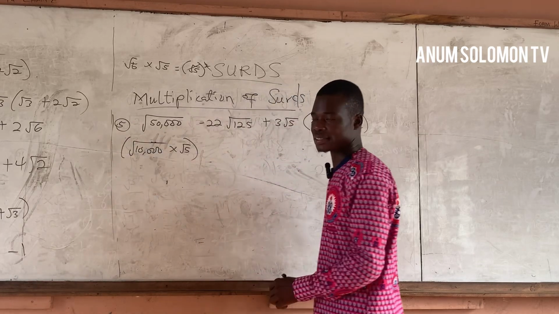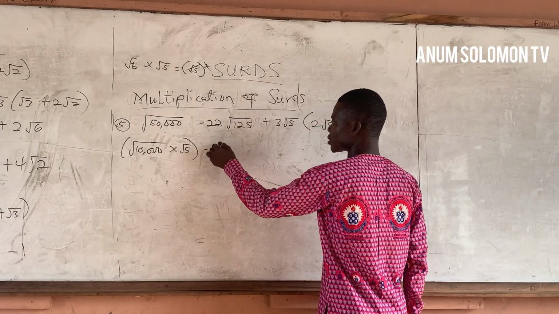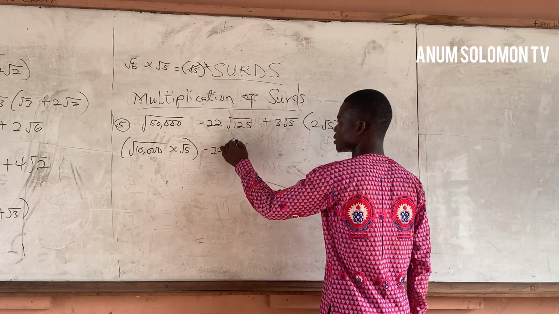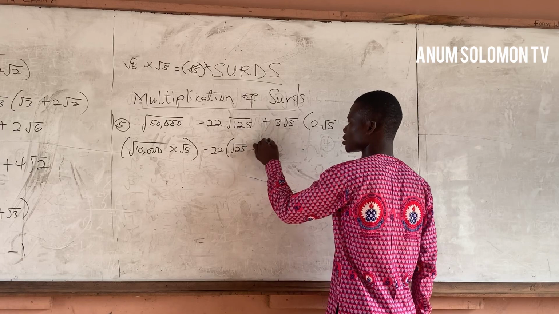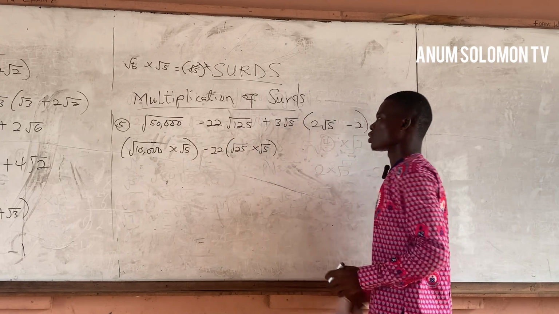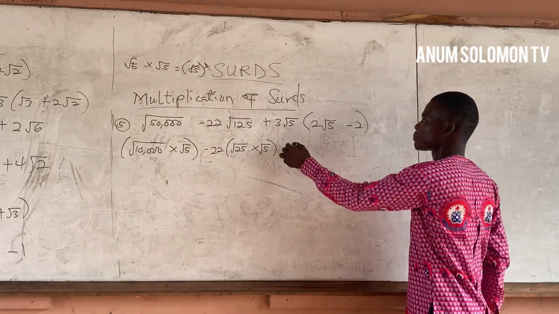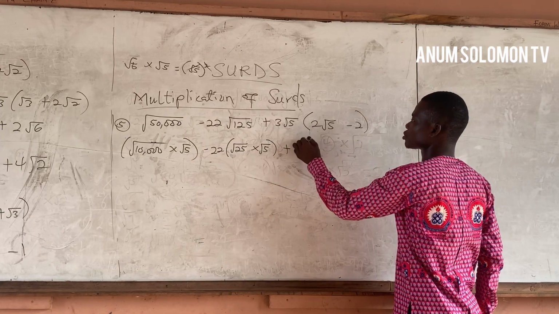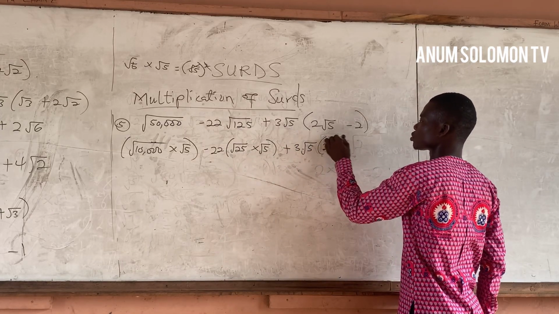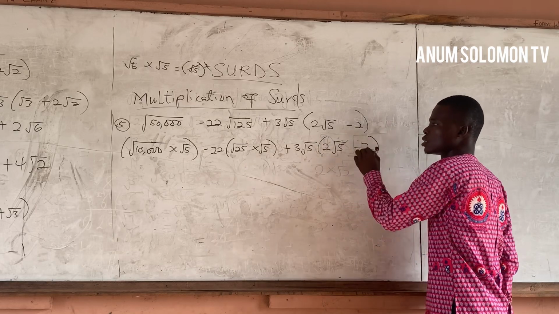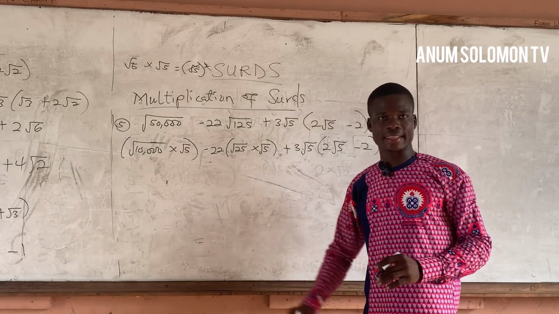That's root 50,000. Minus 22 bracket root of 25 times what? 5. So the perfect factor of 125 is 25, plus 3 root of 5, bracket 2 root 5 minus 2. So this is how to go about it.